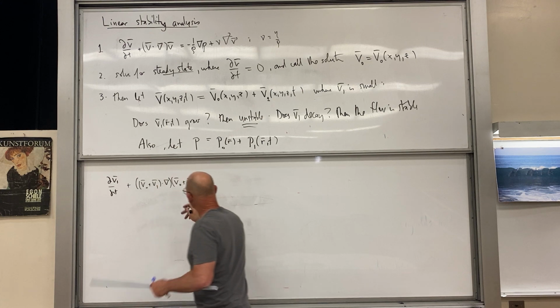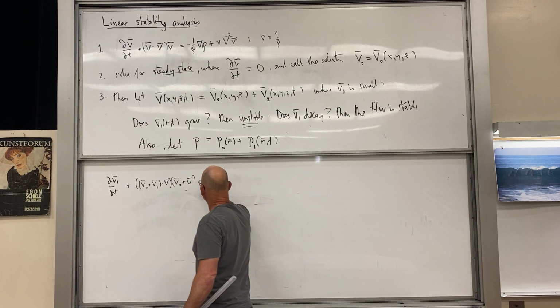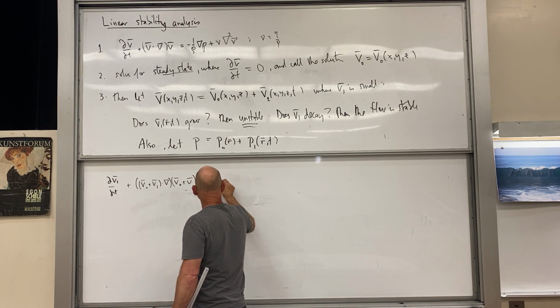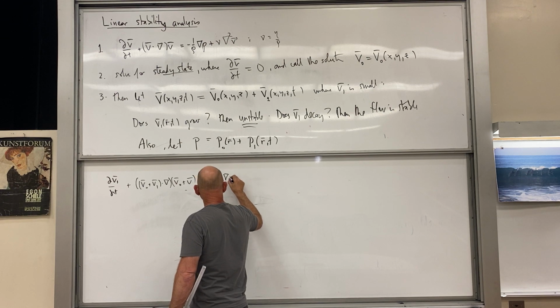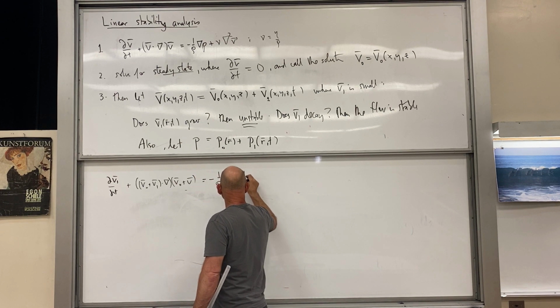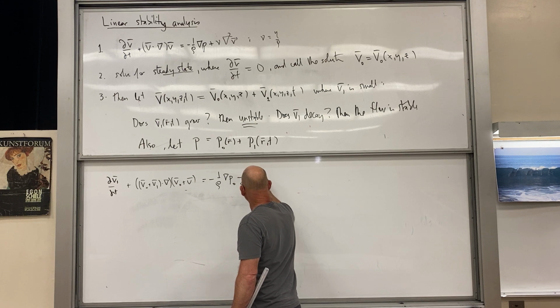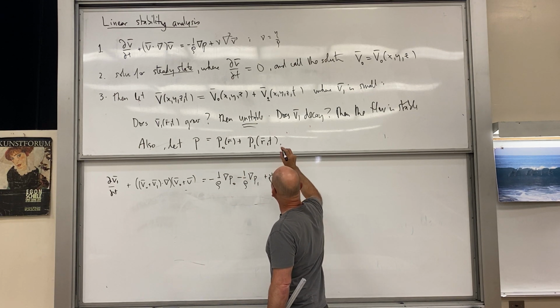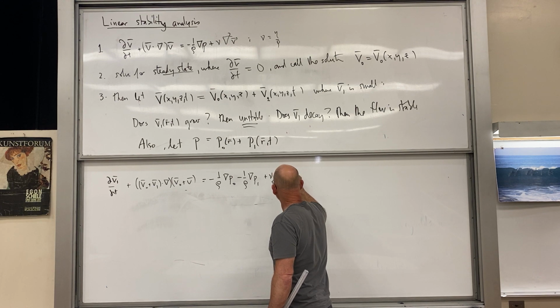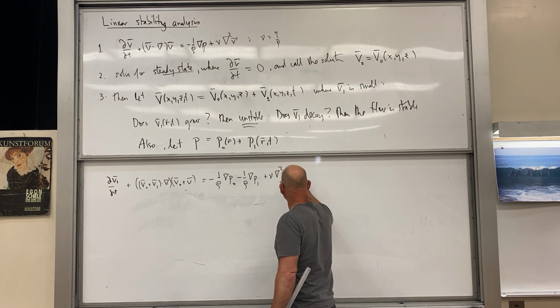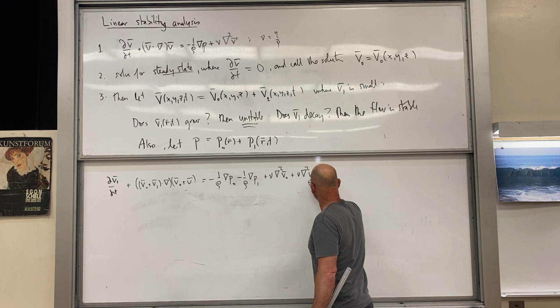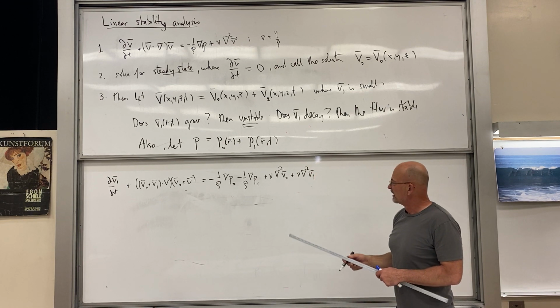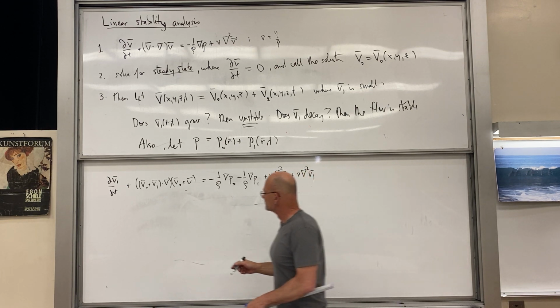So we're going to have to work that out. Equals minus 1 over rho gradient p0 minus 1 over rho gradient p1 plus nu del squared v0 plus nu del squared v1. Okay. So this one we're going to work out here.